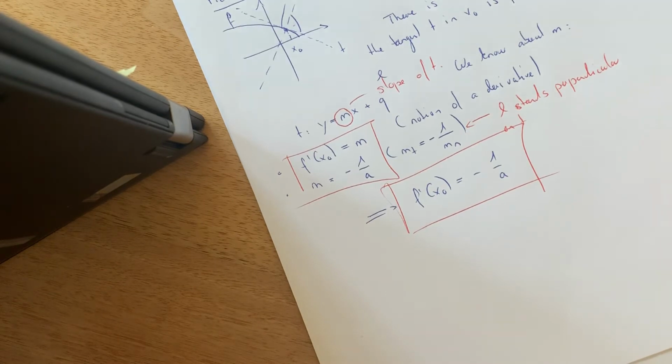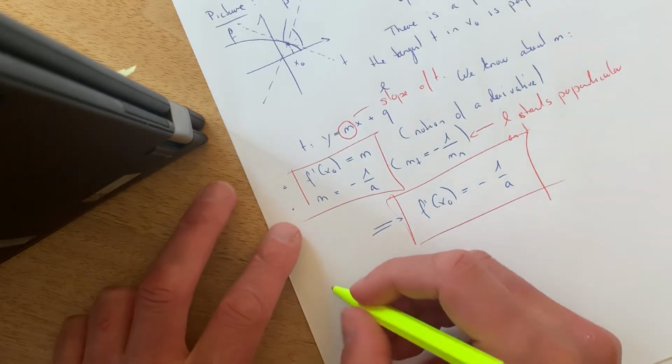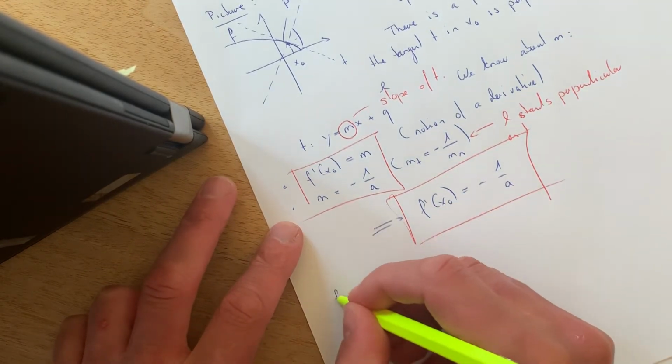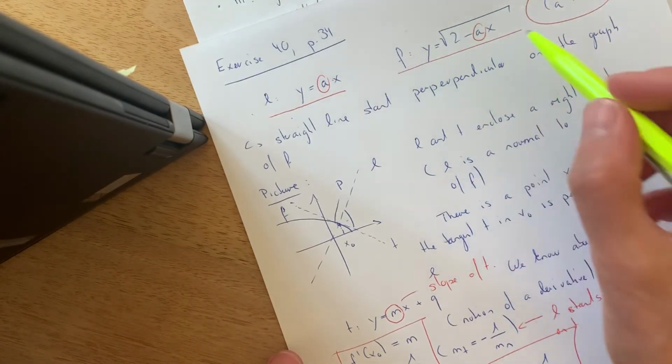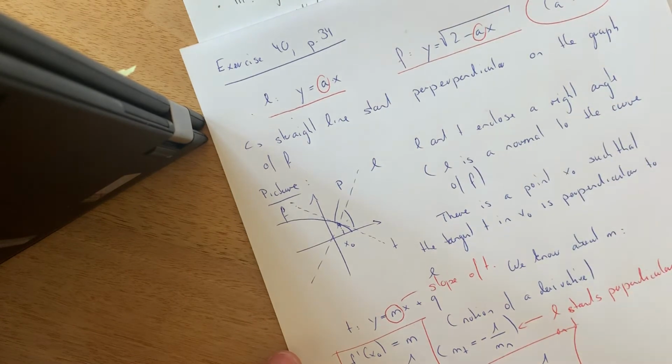And basically, well, that's not yet completely everything, but that's the important step. So we take the derivative, f prime of x0, and now, this is a square root function, and you should be familiar with taking the derivatives of these functions.